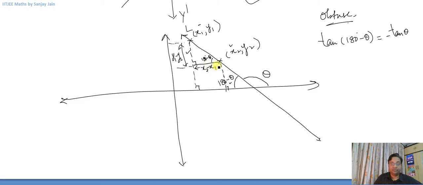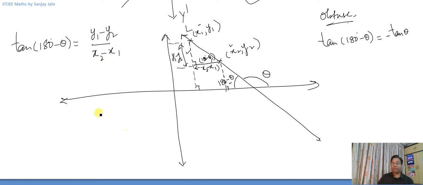All right, now tan of 180 minus theta will be equal to opposite side, which in this case is y1 minus y2, divided by adjacent side, which is x2 minus x1. Okay, now tan 180 minus theta is minus tan theta, because ultimately I am looking for tan of this angle, which is the angle of inclination.